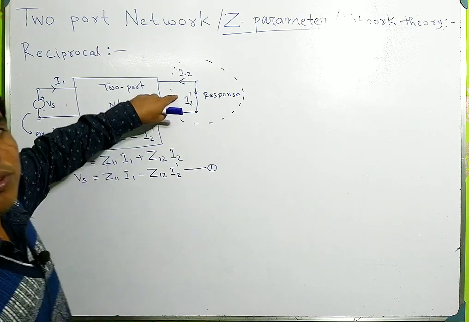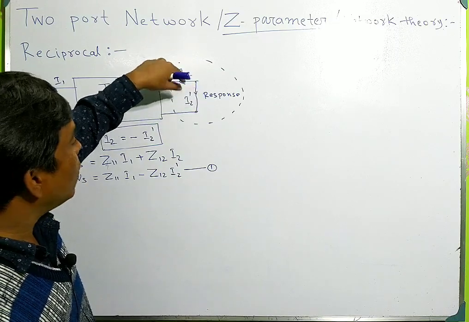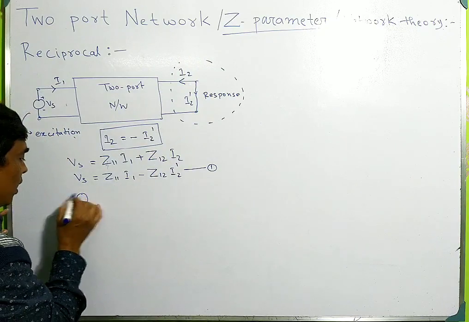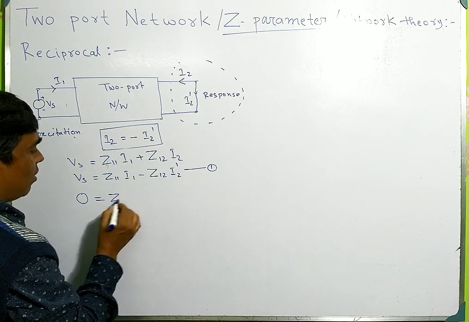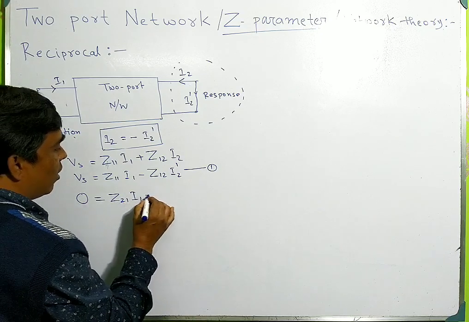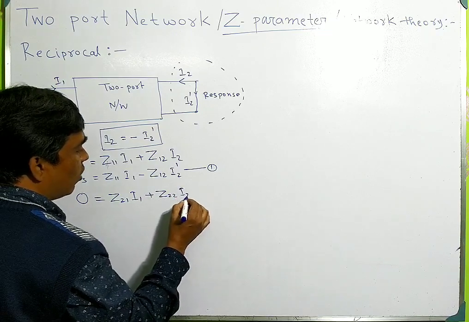Now in this port, this is short circuited, so here the voltage is 0, so V2 equals 0 equals Z21 I1 plus Z22 I2.